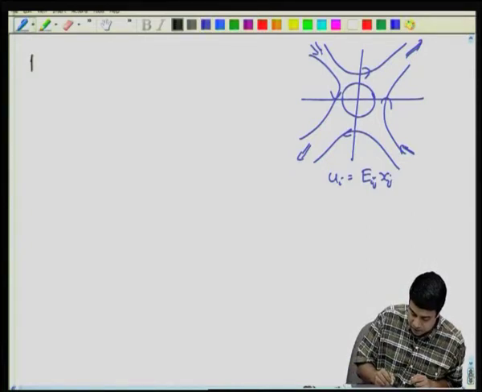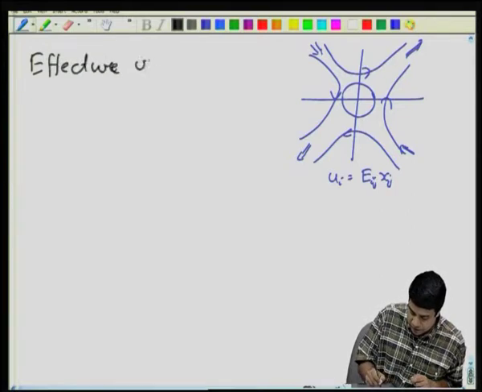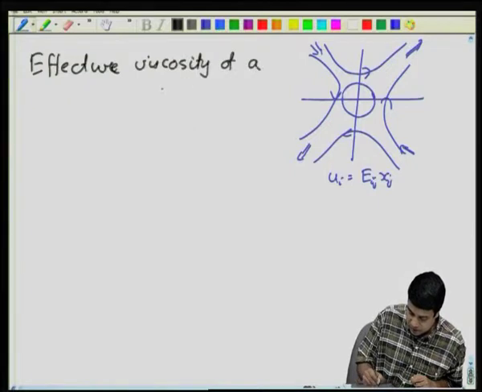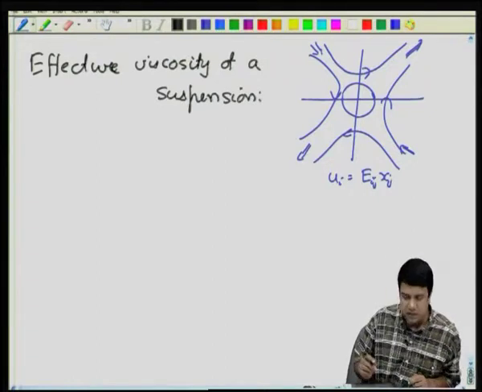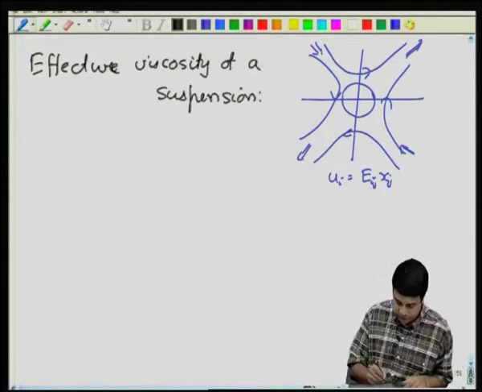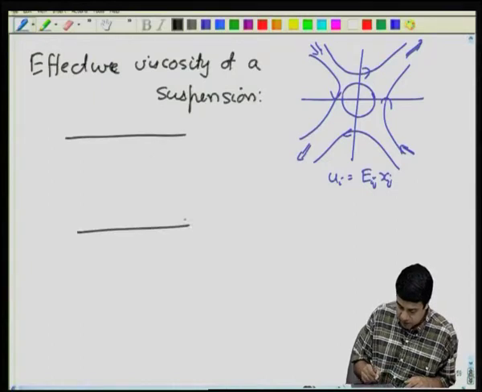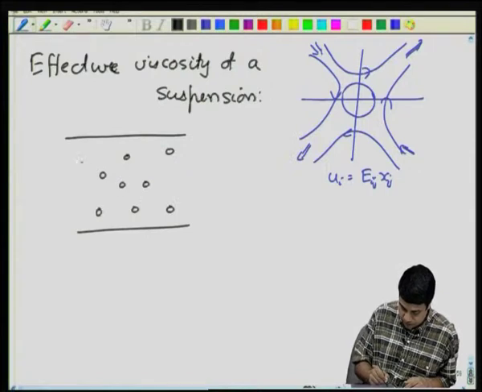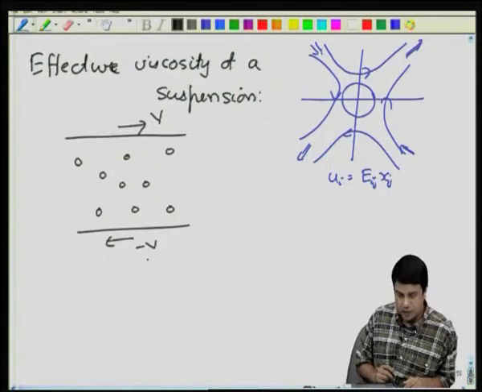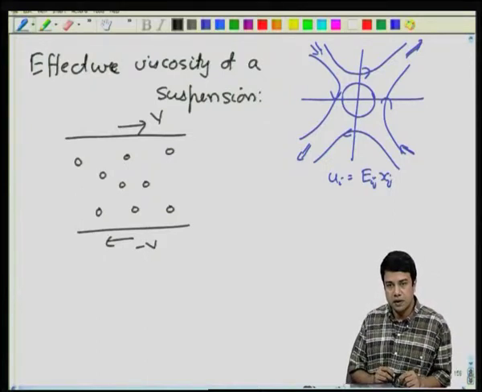This is for the effective viscosity of a suspension. Let us say I had a suspension of solid particles, and I imposed a velocity field, and I calculated the stress as a function of the strain rate.